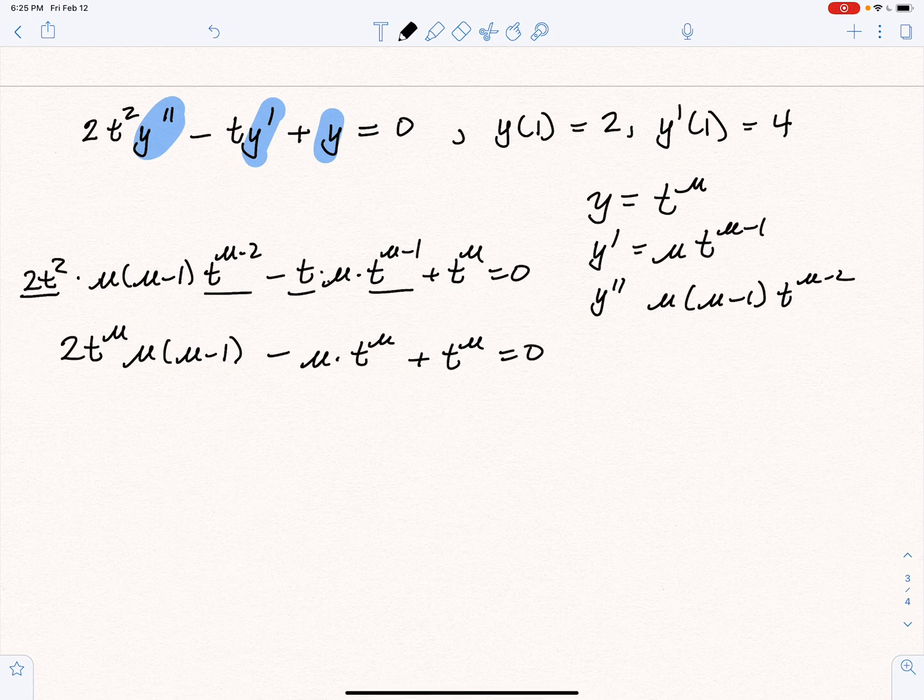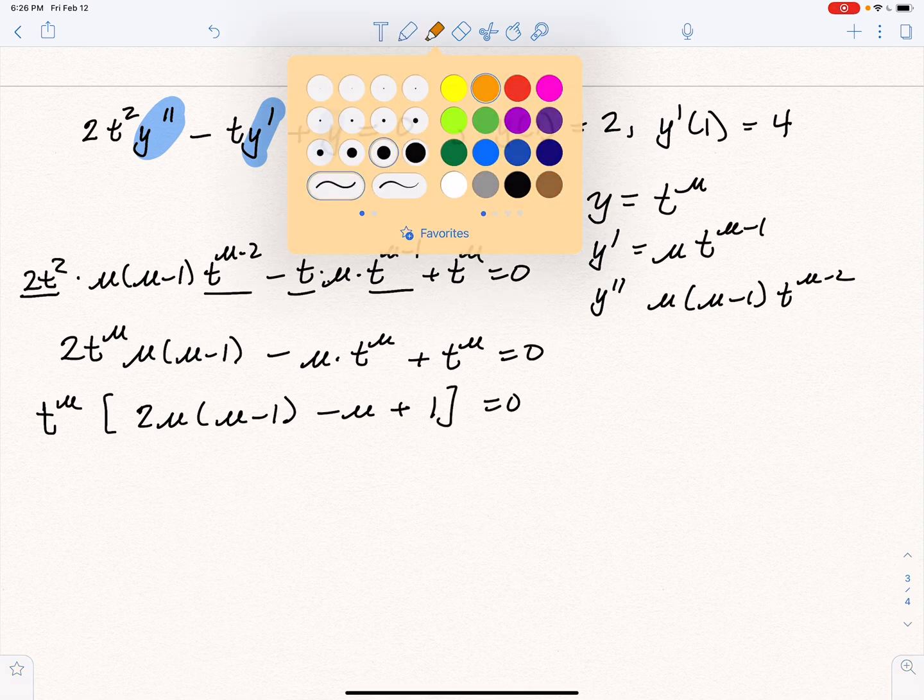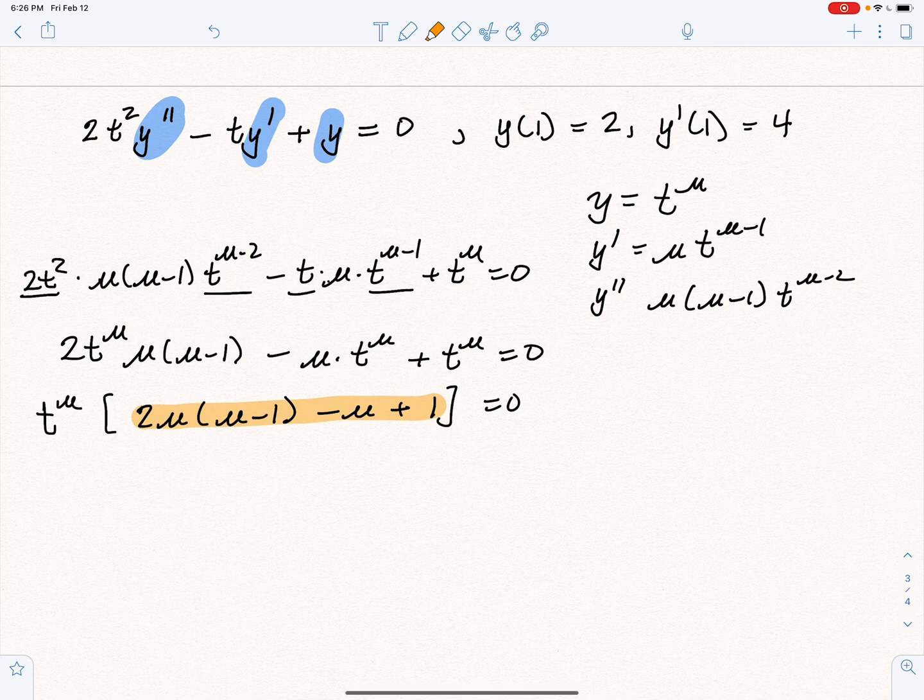Now there's a t to the mu term in each term, so I'm going to factor that out. And this is the big deal right here. So we have this. And now you notice that the inside expression only has mu's in it. So that's going to be the key to figuring out our values of mu.